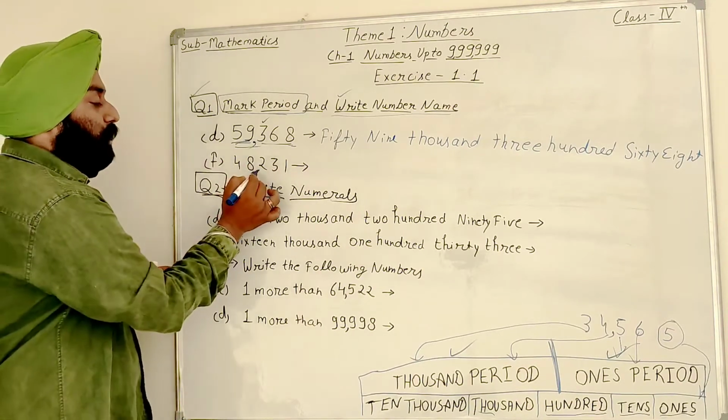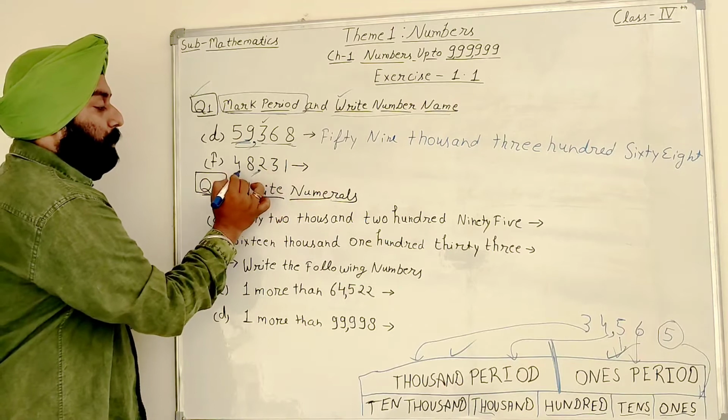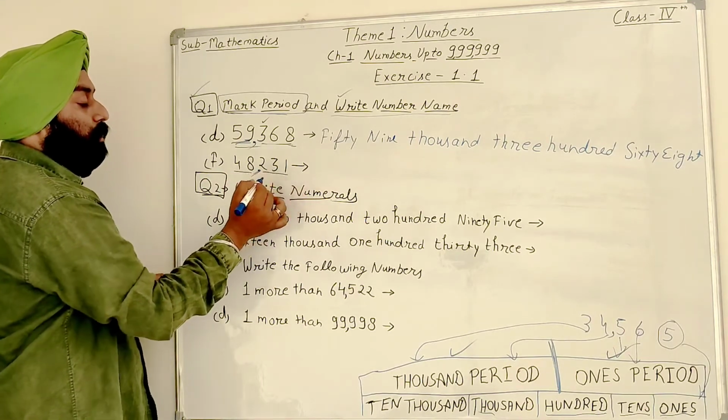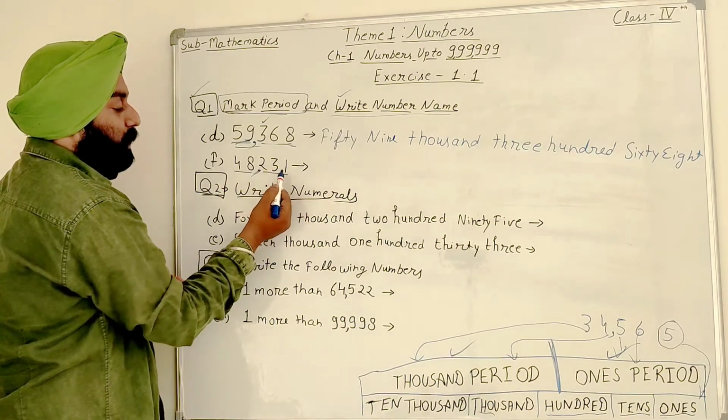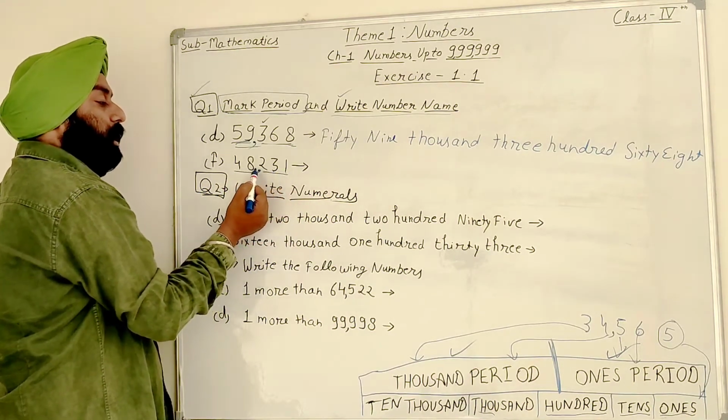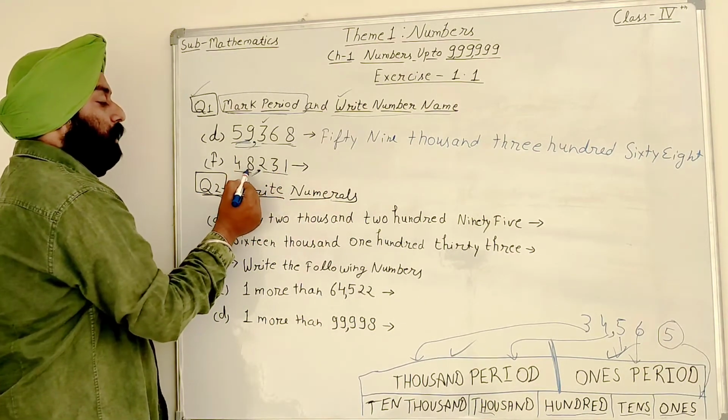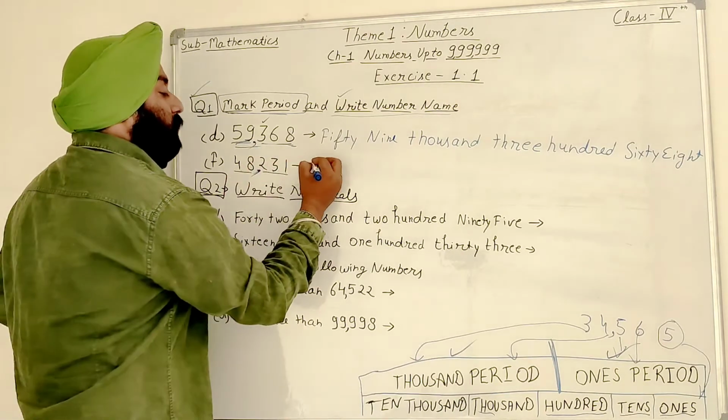Next one is 48,231. I put the comma to separate the thousand period from the ones period. The ones, tens, hundred, and after that we put a comma, and thousand, 10,000.